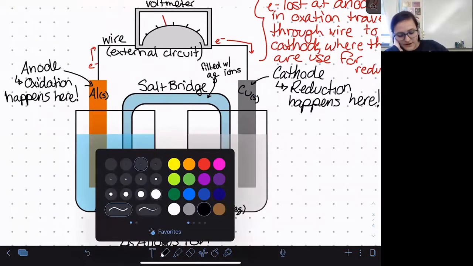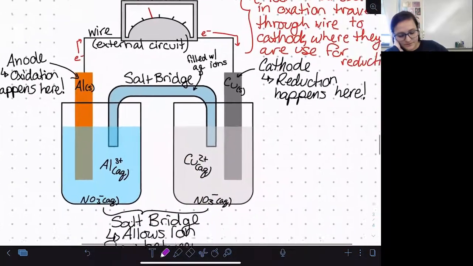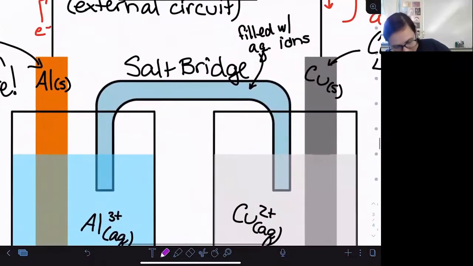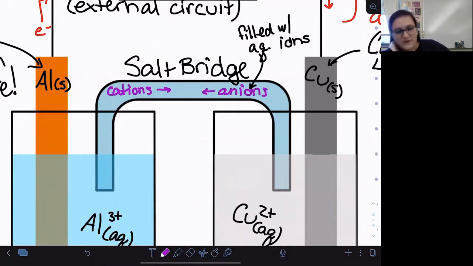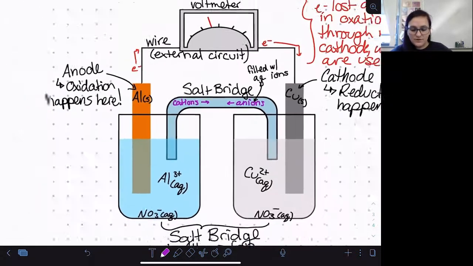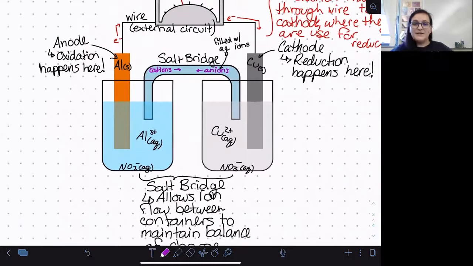So what we find inside the salt bridge is that cations are going to want to go this way, and anions are going to want to go this way. So we have both positive and negative ions in there, just traveling in opposite directions. So we get this net flow of ions through the salt bridge that helps to balance out the charges being transferred via the electrons in the wire.